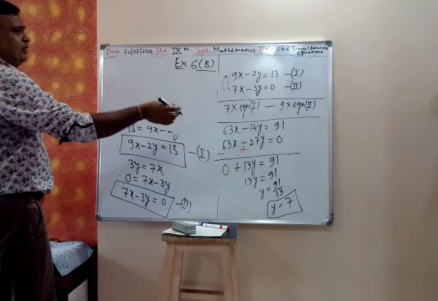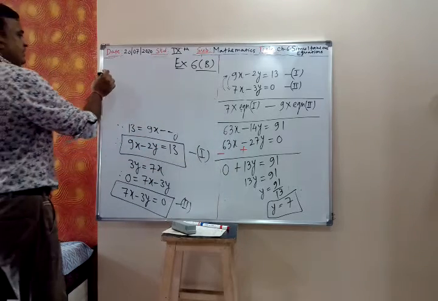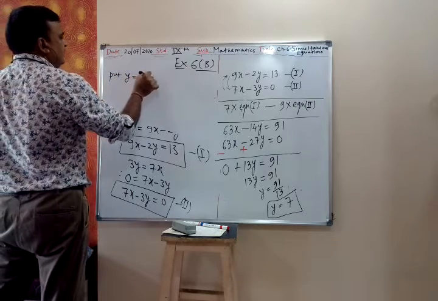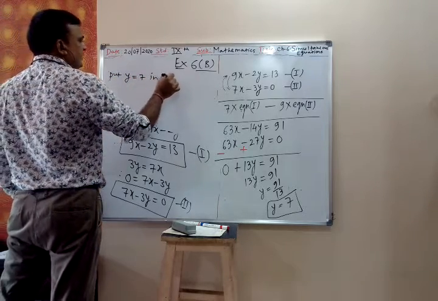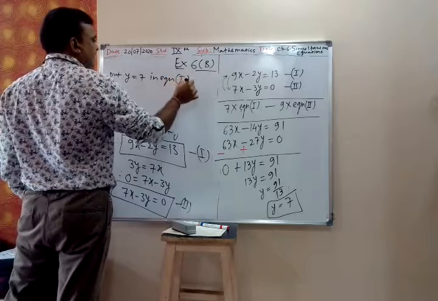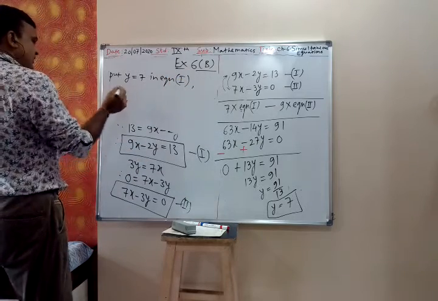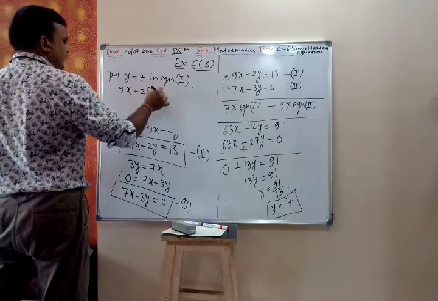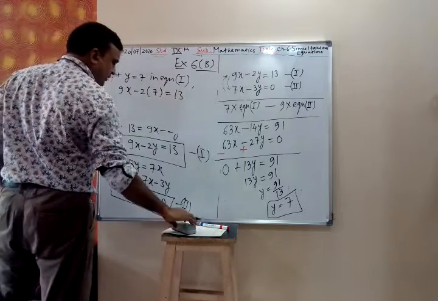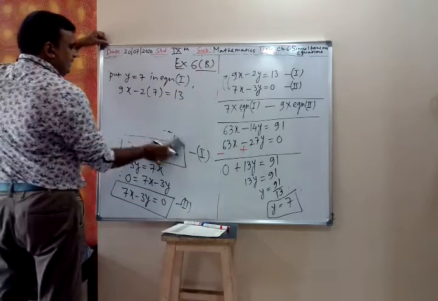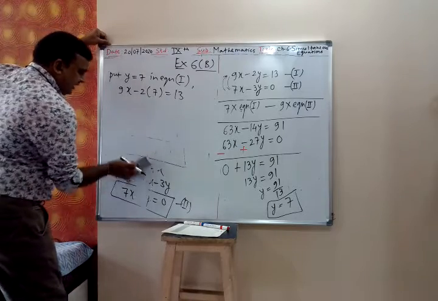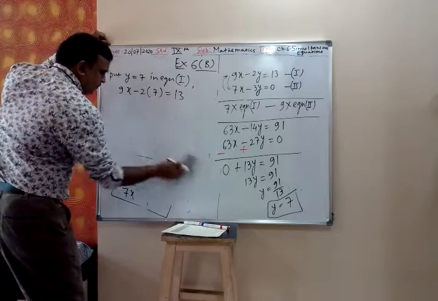Now this value of y, you can put in any one of the equations. So put y is equal to 7 in equation 1. Equation 1 is 9x minus 2 into 7 is 13. You can put the value of y in either equation 1 or equation 2.